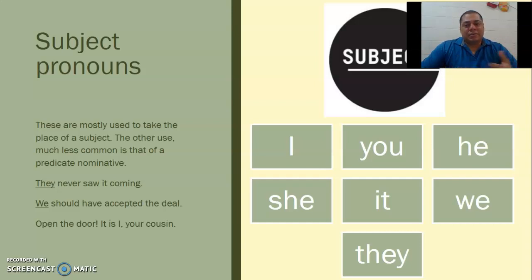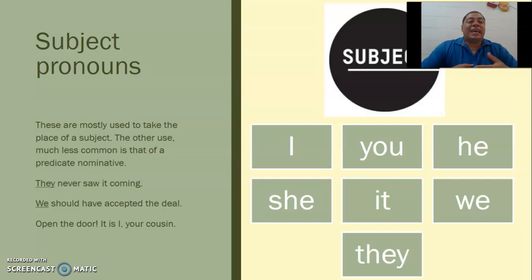Is it acceptable? Is it doable? Yes, it is doable. It is acceptable in some circumstances, but it's not academically correct. Why? Because that is not an object. That I, in that precise sentence, is not an object.